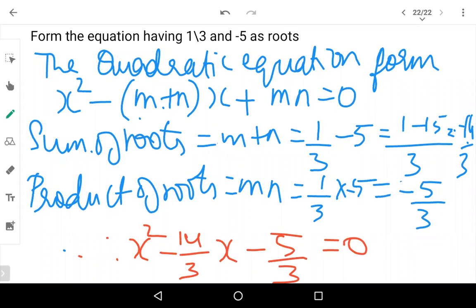Yeah. Now what you can do is you have 5 by 3 and 14 by 3, right? So 3 is common. Now you can take the LCM of the denominators.